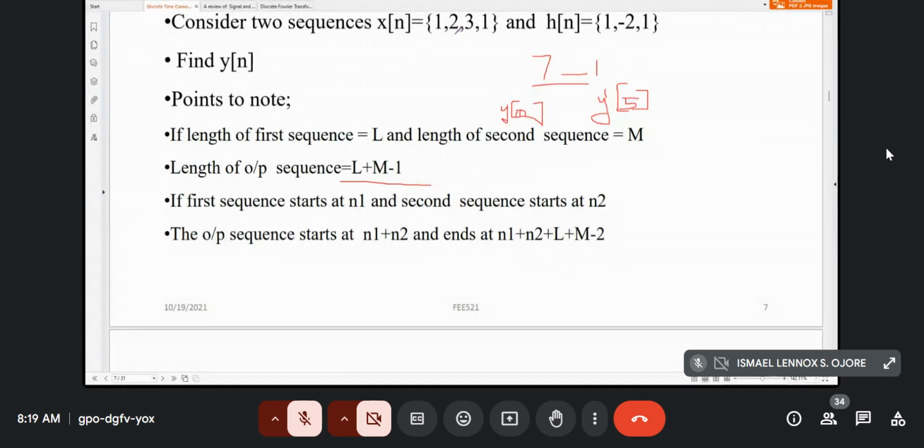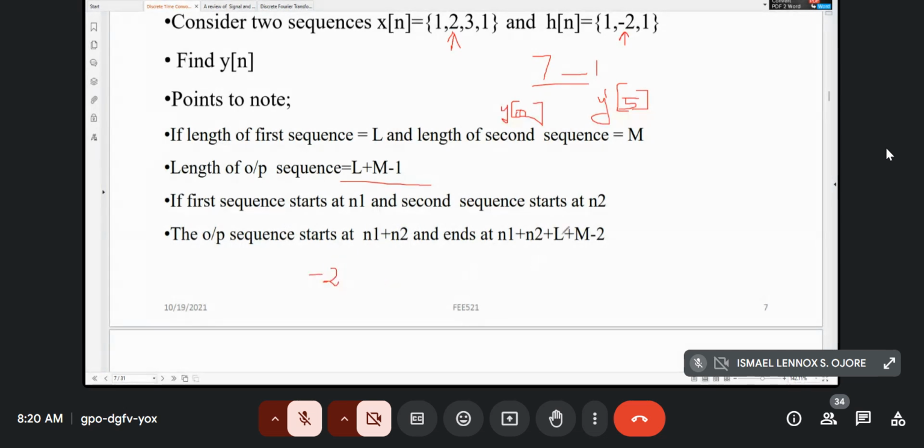If this was a 0 sample, so it is starting at minus 1, this would have been minus 1 plus 4 plus 3 minus 2. The start will be N1 plus N2, which will be minus 2.